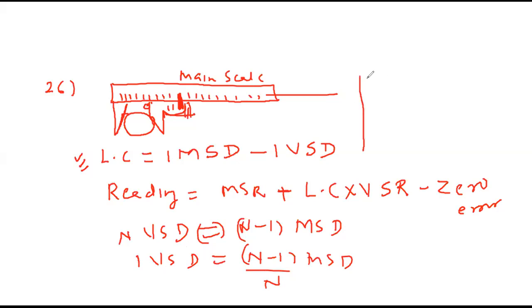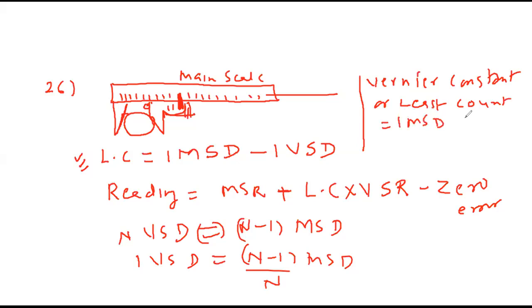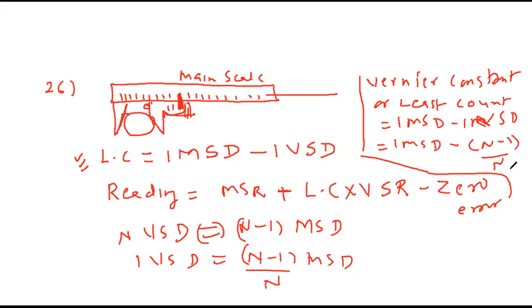Now vernier constant or least count, they are same. It's one main scale division minus one vernier scale division reading. One main scale minus one vernier, we got N minus 1 upon N main scale division.